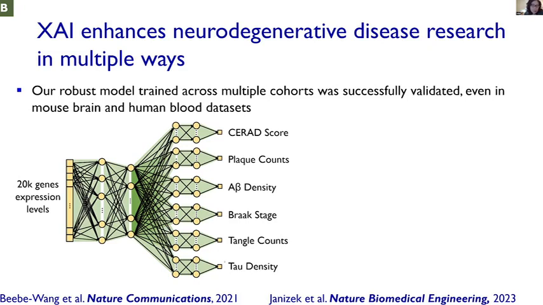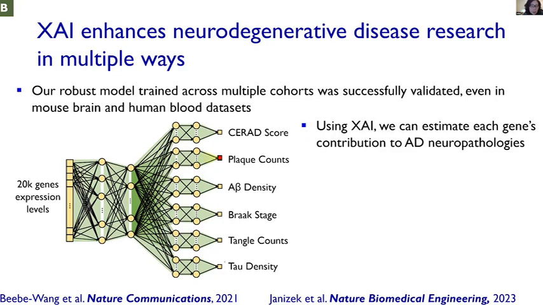The first is that it allows us to use this robust model, trained across multiple cohorts, because we can later use explainable AI techniques to explain the relationship between genes and the phenotypes.